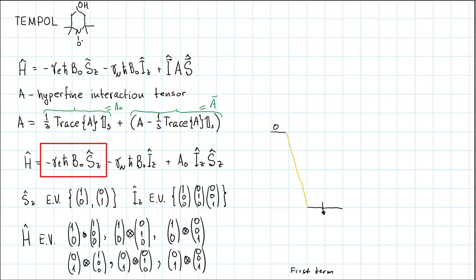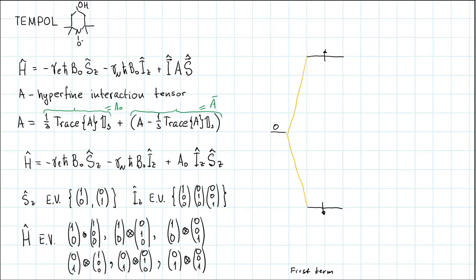Now let's see what the first term of the Hamiltonian does when acting on the other three states with the electron spin oriented upwards. The result will be the same for all these three states, equal to minus gamma E h bar B0 divided by 2. And we will draw it here above the 0 level because gamma E is negative for electron spin.